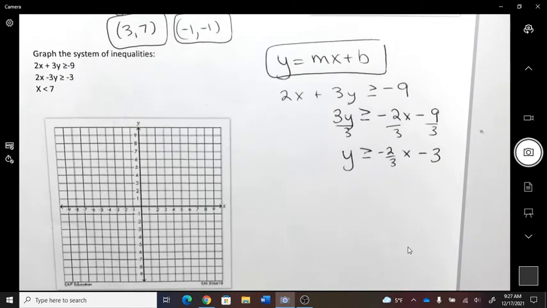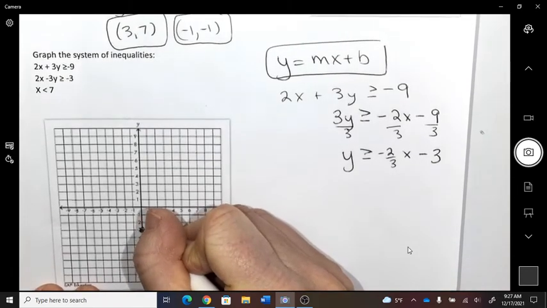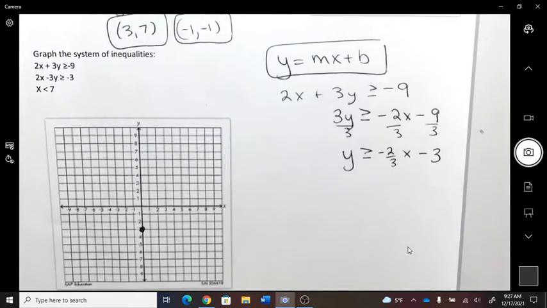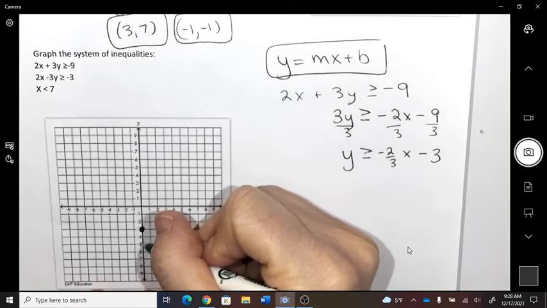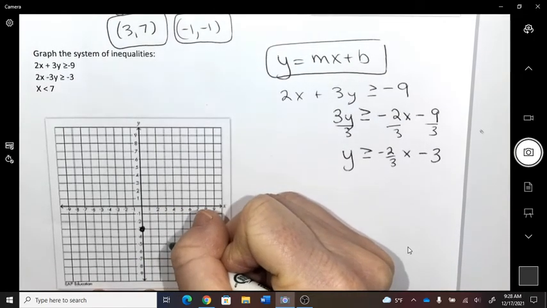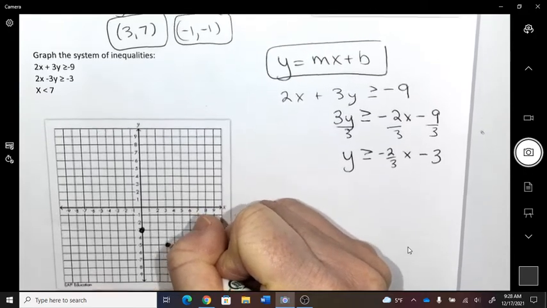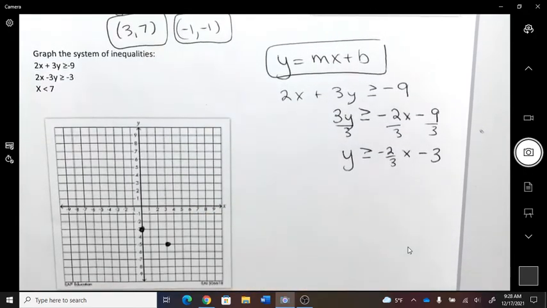So -3, that's the y-intercept. The slope tells me to go down to right 3. Down to right 3.